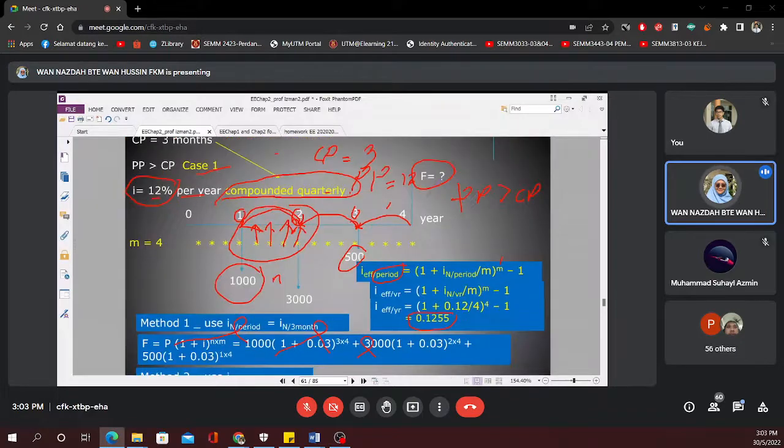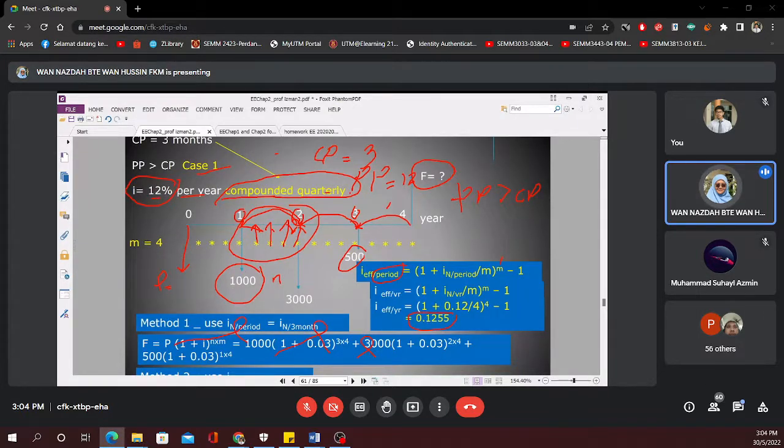Sekarang ni awak nak kira okey sebab selalu kita kira dekat N equals to 0 kan? Kita jarang kira dekat sini kan? Boleh juga kalau awak nak cari P kat sini boleh. Awak nak cari P kat sini? Okey, boleh. What is P at N equals to 0 for F? Yang ni F lah kan? Betul?